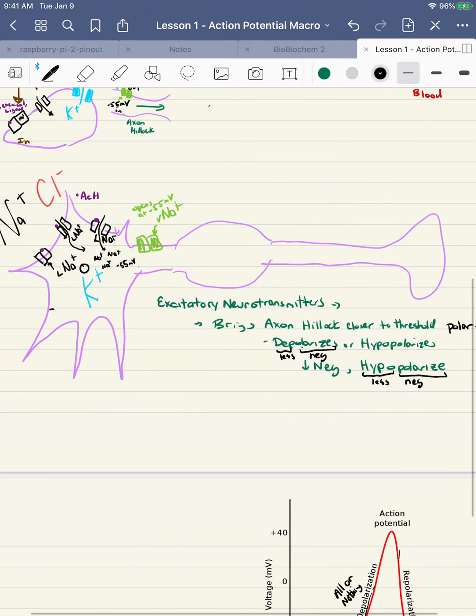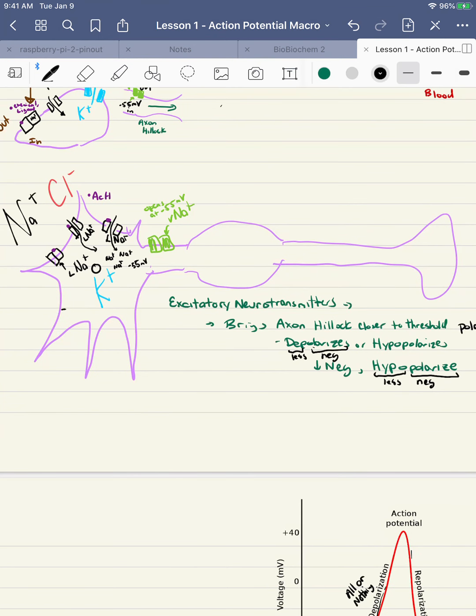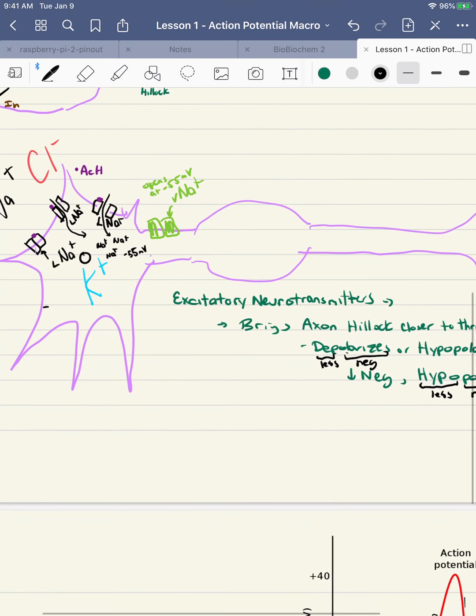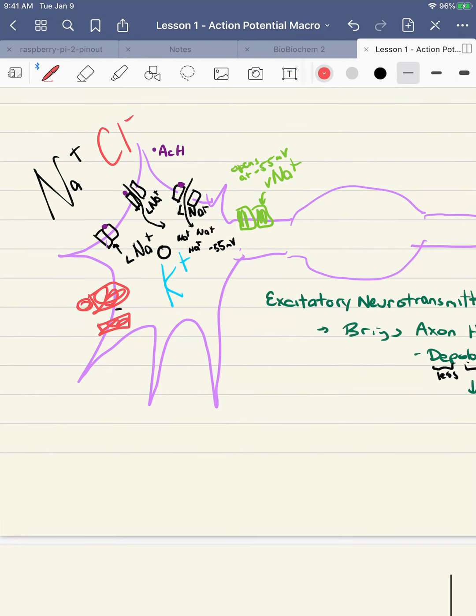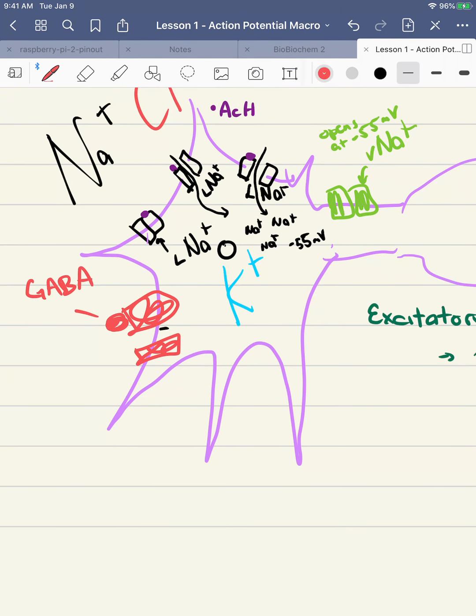Now, we can also make the cell more negative, which means the cell will be less likely to trigger an action potential. How do we do that? Let's say we were to open up chloride channels. There's actually a neurotransmitter called GABA, and GABA is one of your most common inhibitory neurotransmitters.